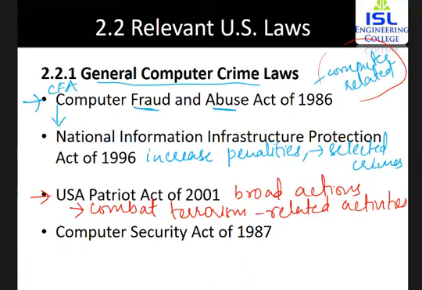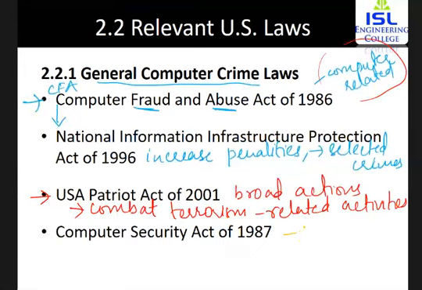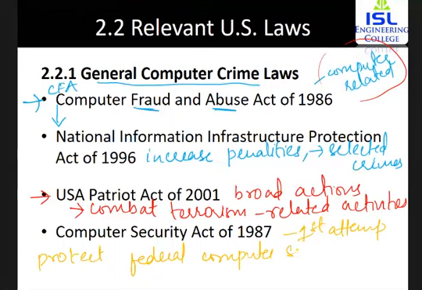The last one is the Computer Security Act of 1987. This Computer Security Act was one of the first attempts to protect federal computer systems.